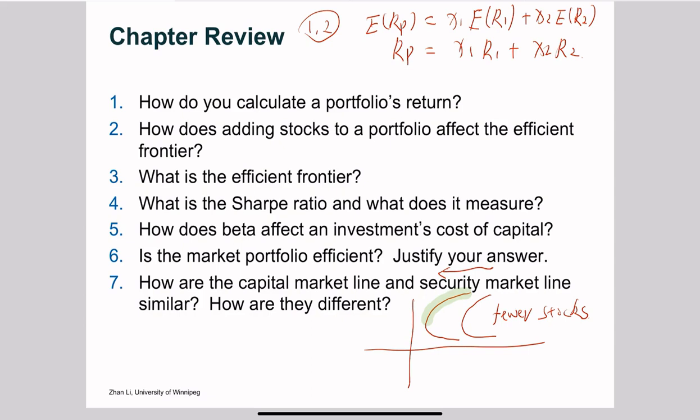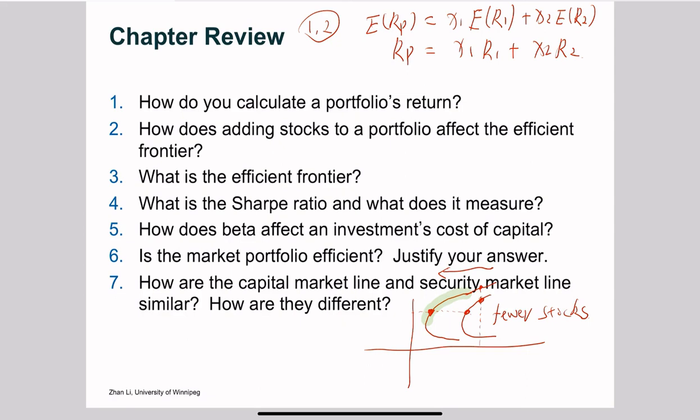Or if you fix return, then portfolios on this left curve have smaller volatility, right? To see this, you just need to draw some lines. So if you compare these two portfolios, you can see that the one on the left-hand side has lower risk or lower volatility. Or you could draw a line like this. Then you would see that the top portfolio and the bottom portfolio have the same volatility. However, the top portfolio has a larger return.